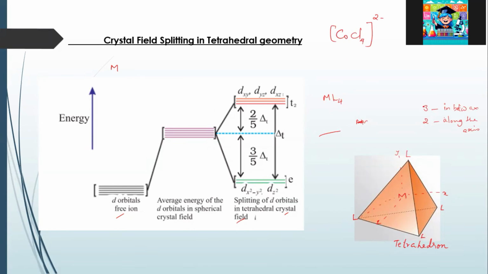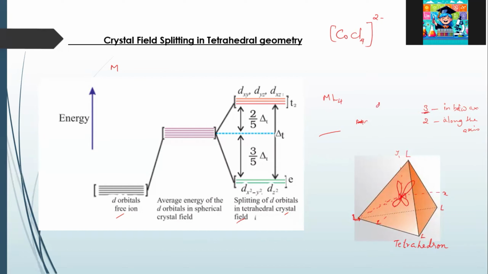So the orbitals having a shape such that they are in between the axes, for example dxy, like this, that is in between the axes, will experience a greater electric field from the ligands. Thereby, these orbitals' energy will get raised.